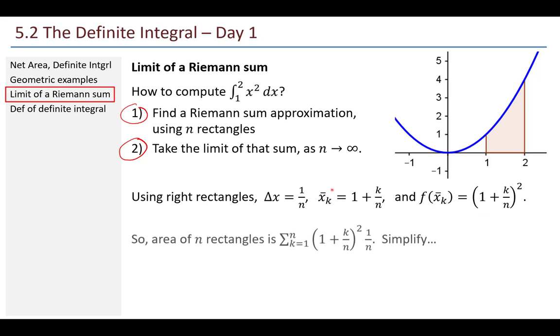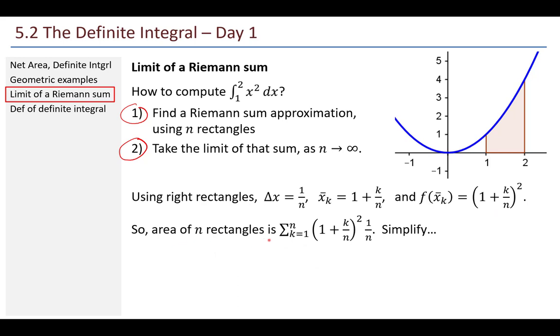So the Riemann sum, the area of the n rectangles, is the summation as k goes from 1 to n of this expression. I'll skip a few steps here, but what happens when we simplify that? It turns out we get an expression that is 7/3 plus 3 over 2n plus 1 over 6n squared. That is the area of the Riemann sum approximation with n rectangles.